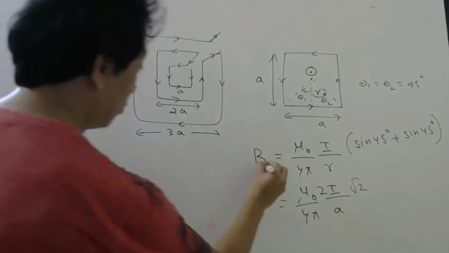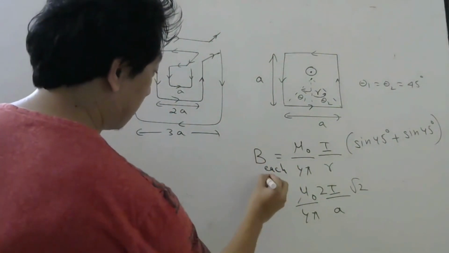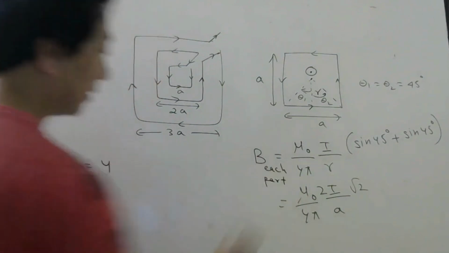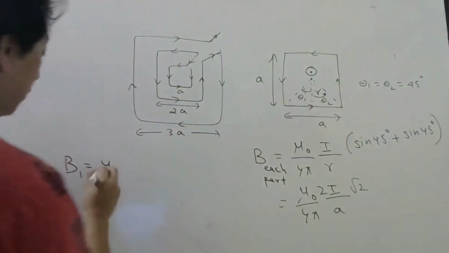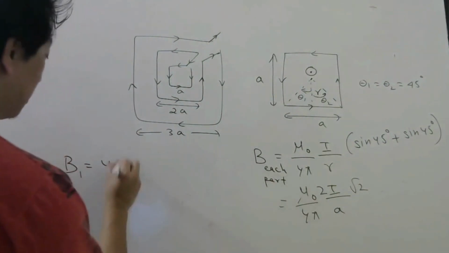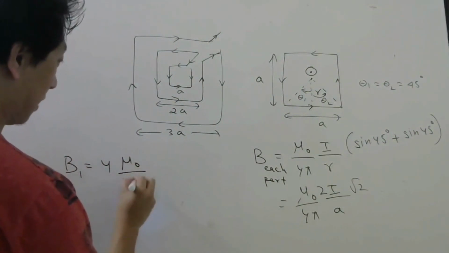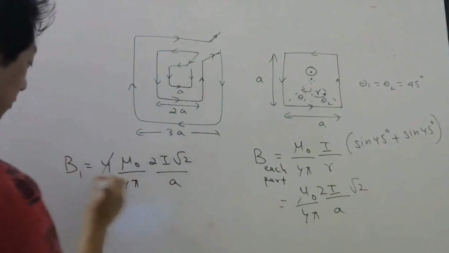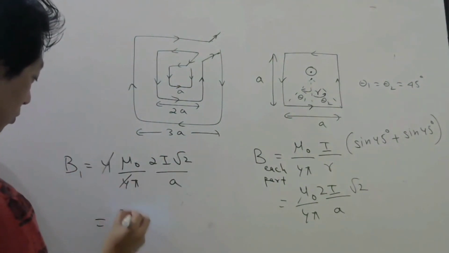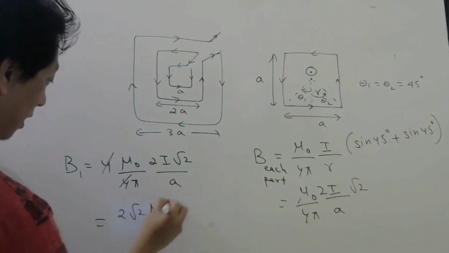This is magnetic field due to each part. There are 4 parts. So total magnetic field will be 4 times this. So mu naught by 4 pi, 2I root 2 by A. 4 cancel. So 2 root 2 mu naught I by A.